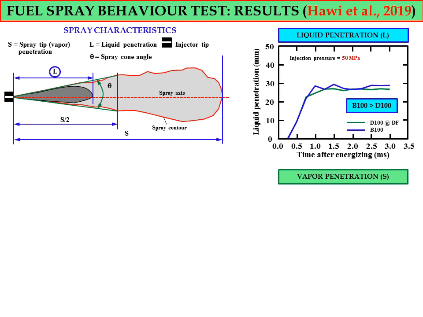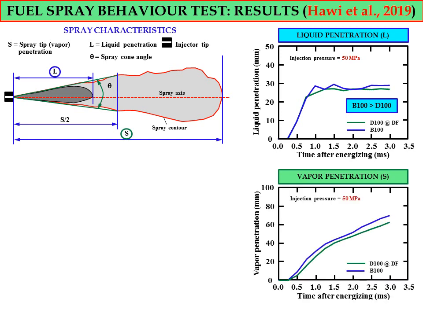Okay, in terms of vapor penetration, the S value, we have the second graph, where at the beginning, until around 0.3 millisecond, the vapor penetration is 0.